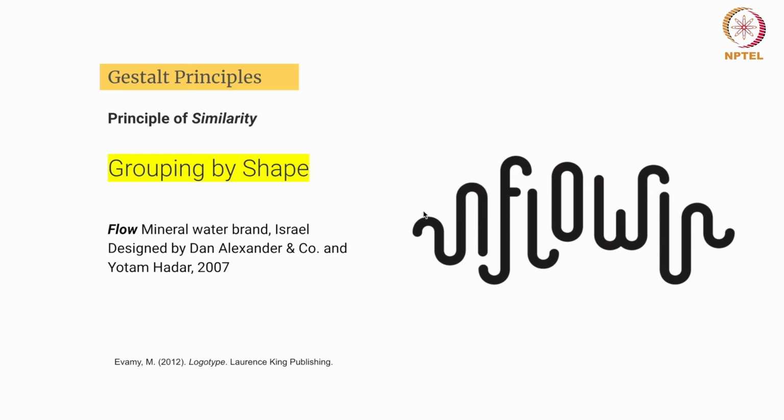Although these are not meaningful text, these are just an abstract representation of water flowiness, somewhere or the other you are grouping the overall logo as a whole, irrespective of there being different elements which are not legible, not readable, because these are not alphabets.